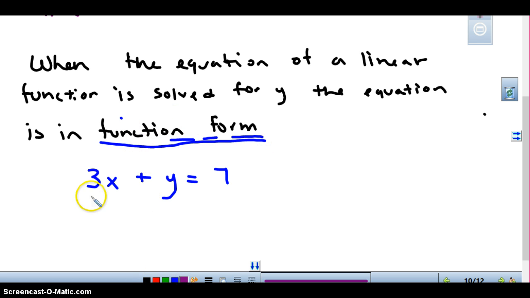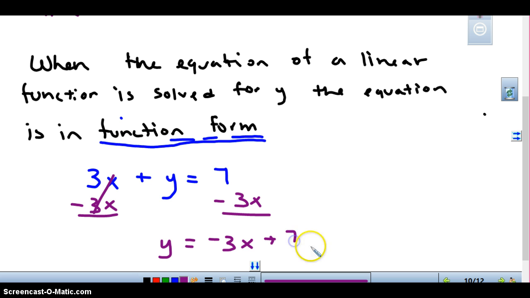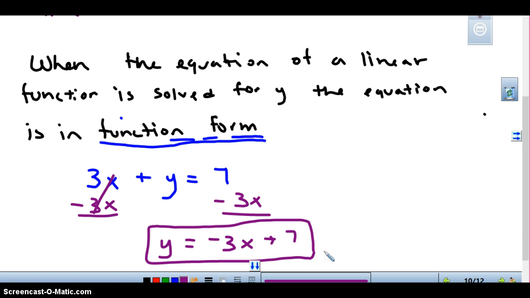Yes, this is not in function form. So to change this to function form, we need to have y by itself. It means we need to subtract 3x from both sides. And we get y equals negative 3x plus 7. This is now in function form.